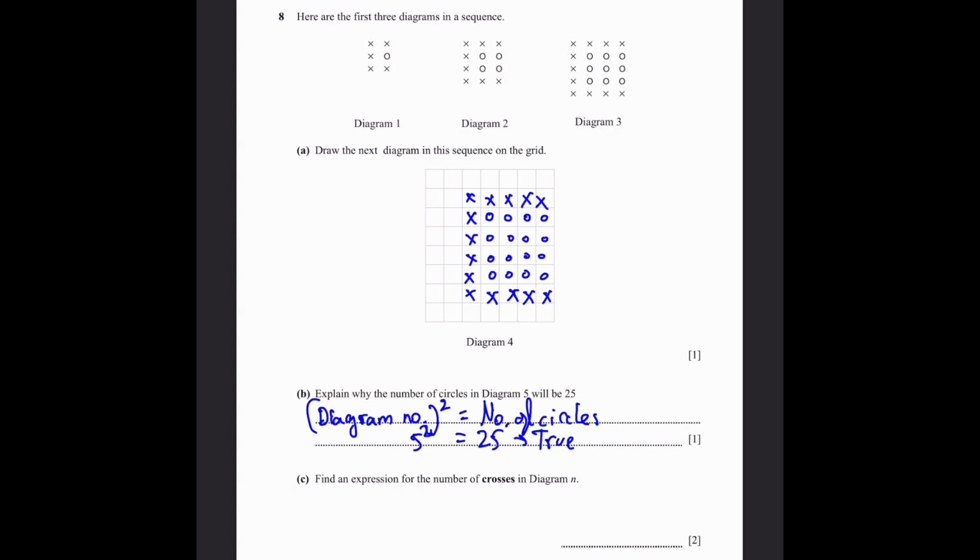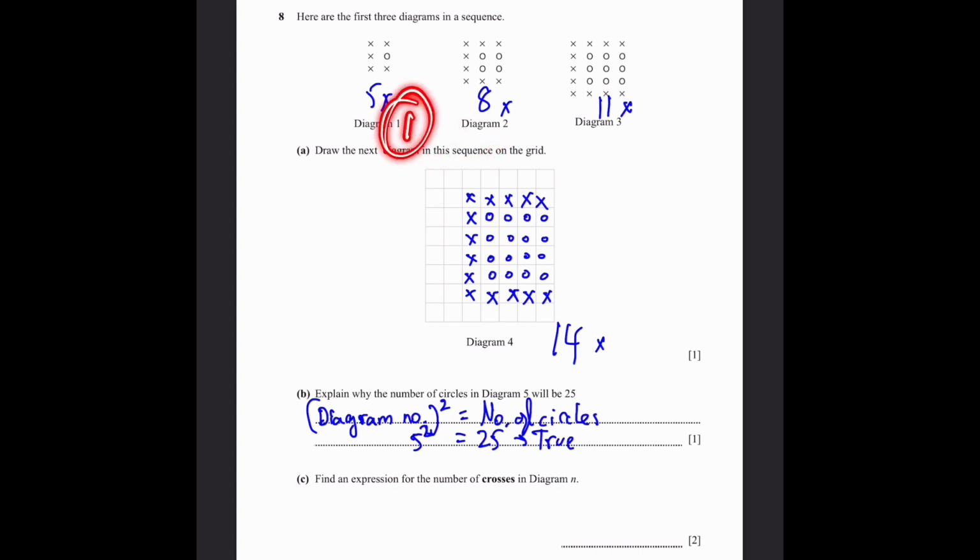C. Find the expression for the number of crosses in diagram N. Diagram 1, 5. Diagram 2, 8. Diagram 3, 11. Diagram 4, 14 crosses. Now, let's multiply 1 into 3. It becomes 3. Why are we multiplying by 3? Because the distance is 3. 1 into 3 is equal to 3, and 3 plus 2 is equal to 5.